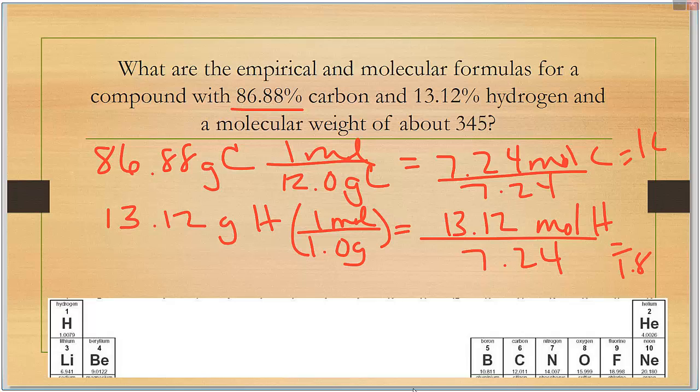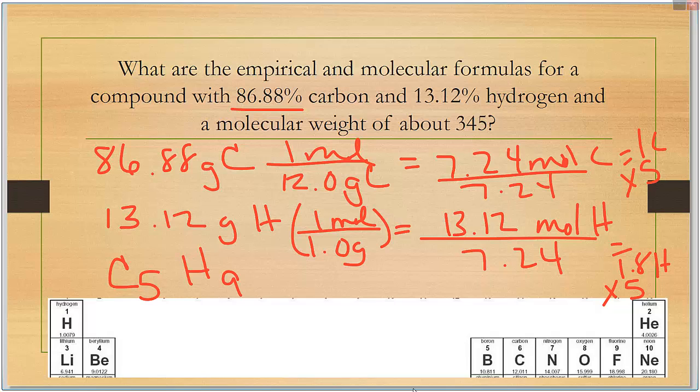That's a really weird decimal place there. So in order to get rid of the 0.8, we're going to multiply it by 5. That's going to give us whole numbers. So that gives us C5H9 when I do that.